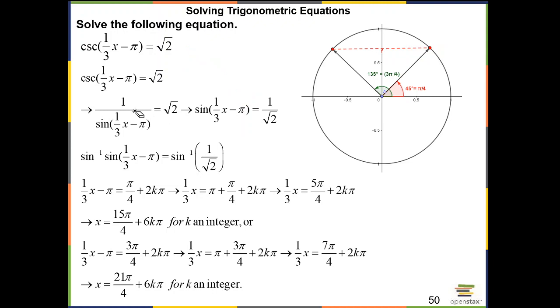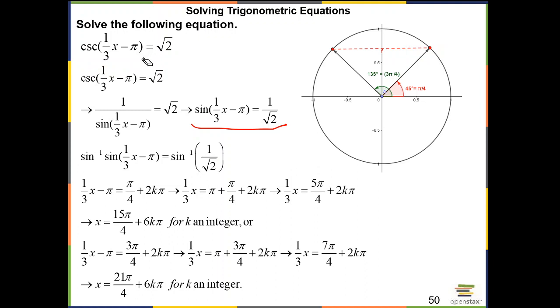So it's much easier than writing it this way. Whenever we have cosecant equals a number, we make it sine and then take the reciprocal of that number. Now, instead of solving this equation, we just solve this equation.